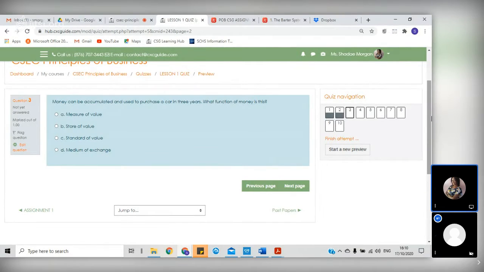All right, so these are all functions of money, but which one of them does the situation demonstrate? Store of value. Yes, that is correct. Store of value. All right, so money can be accumulated or saved up, and then within 3 years' time, you can buy a car. So that is store of value.